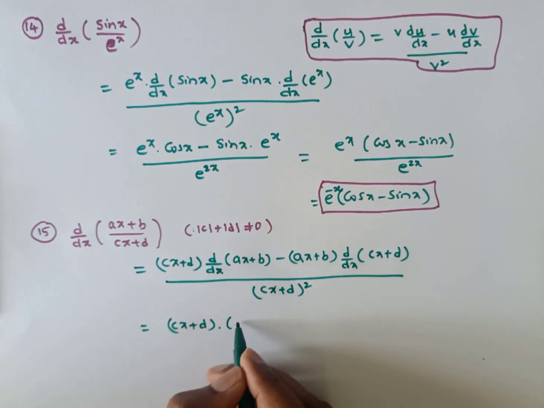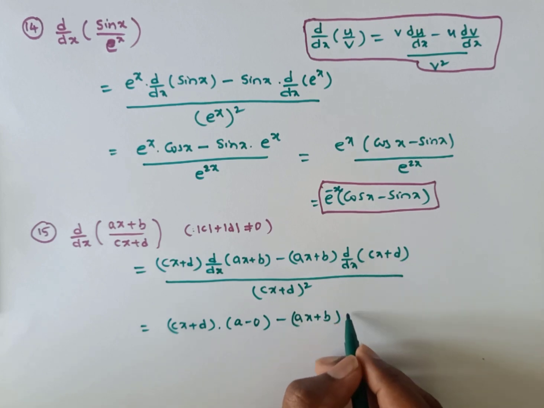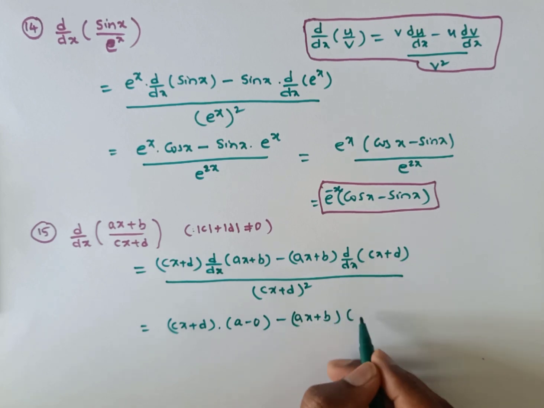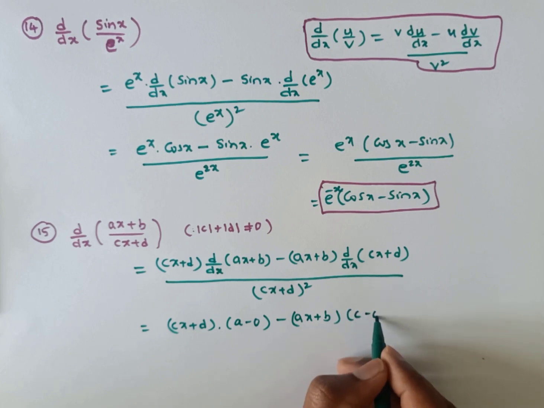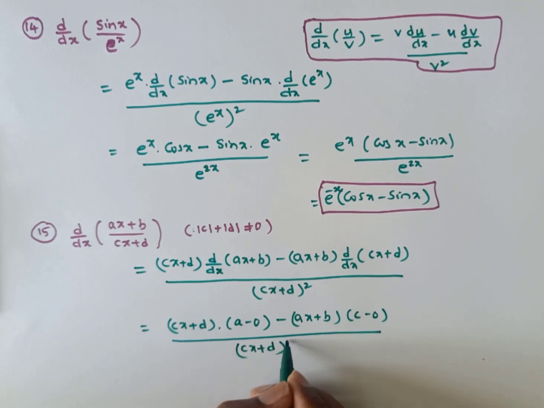Derivative of ax is a into derivative of x, which is 1, so it is a. Minus, derivative of b is a constant, so it is 0. Minus, ax plus b is as it is, into the derivative of cx, which is c into derivative of x, 1, so c remains, minus 0, divided by cx plus d whole square.